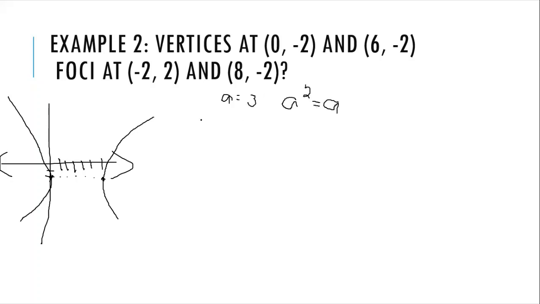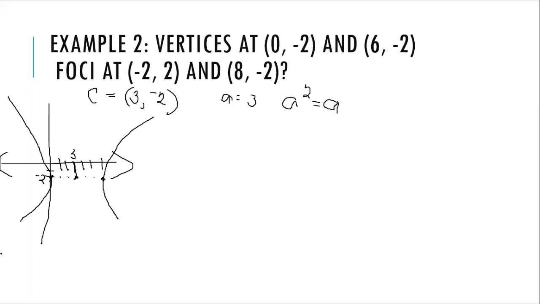Okay po, 3 steps daw po. 1, 2, 3. So here po, tapat po dito. Dito po sila nag-meet. So these coordinates: 3 ang x, negative 2 ang y. So meaning the center po natin is positive 3, negative 2.